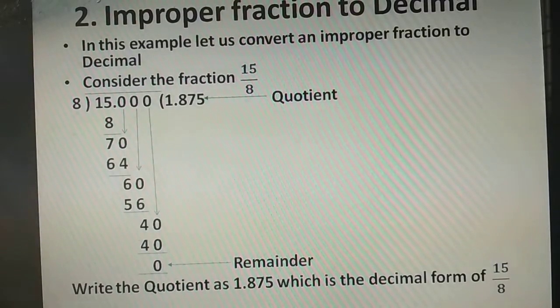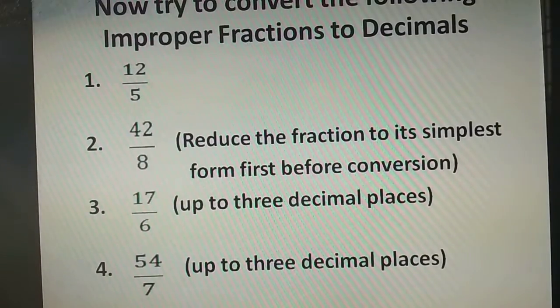I hope you understood this. Now try to convert some of the following improper fractions to decimals. You can pause this video for a while and note down these fractions: 12 by 5, 42 by 8, 17 by 6, and 54 by 7.